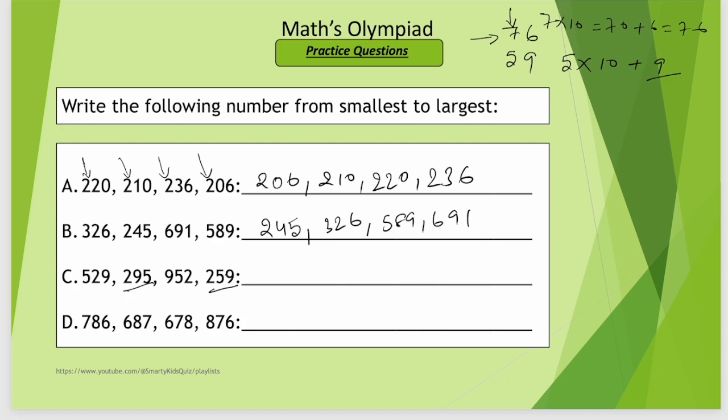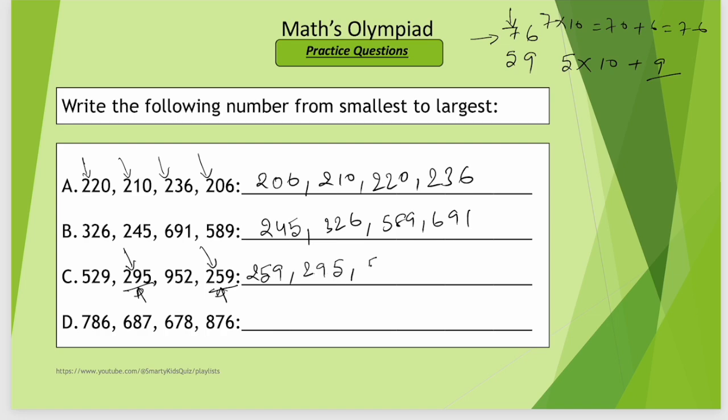If you know the counting, 59 comes first, because in both numbers the hundreds place is common, 200 here and 200 here. Then what should we check? Tens place. Tens place here 9, here 5. So whichever tens place is smaller, it is the smaller number. So you write 259. Now you write 295.